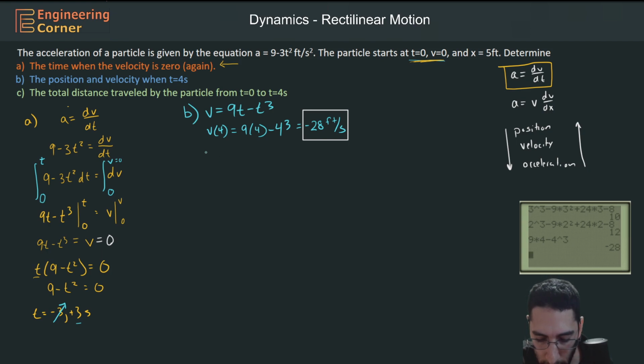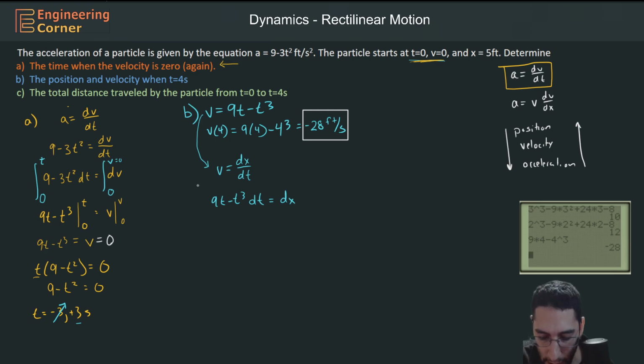Okay, so we know that our velocity is dx/dt, and we can substitute our expression for velocity. So we'll have (9t minus t cubed) dt, separate and integrate, is equal to dx.